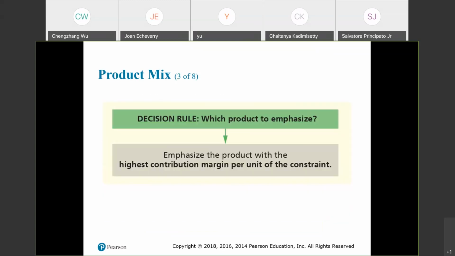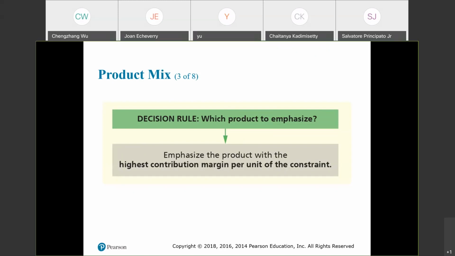But in order to determine which product to emphasize, we cannot make the decision based only on contribution margin per unit. Instead, we should determine which product has the highest contribution margin per unit of constraint, in this case, per machine hour.